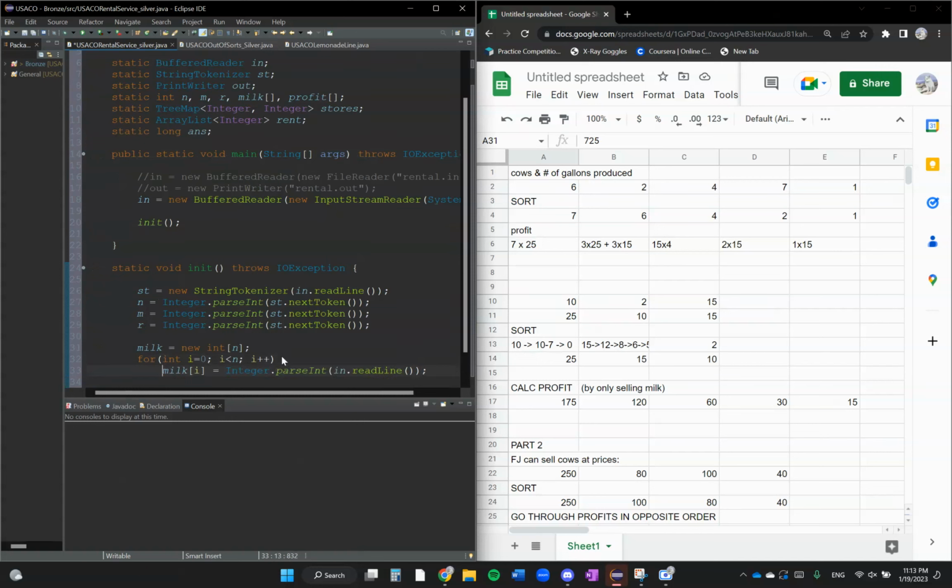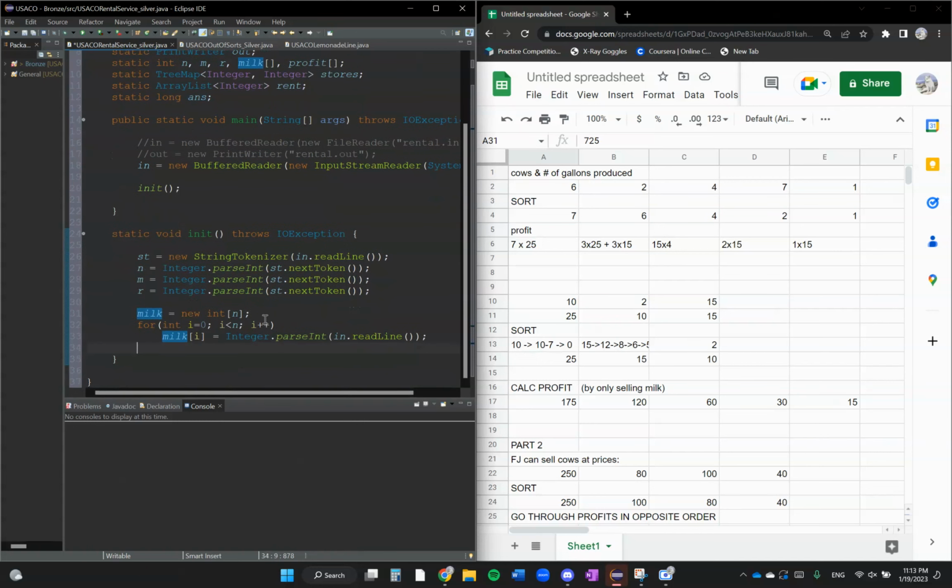And remember that we have to sort it, so let's just sort it for now. Arrays.sort(milk). And then we'll set stores.